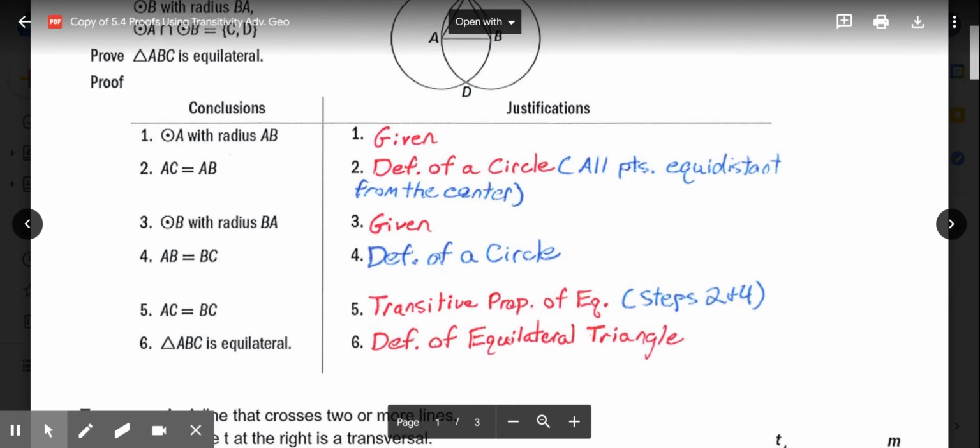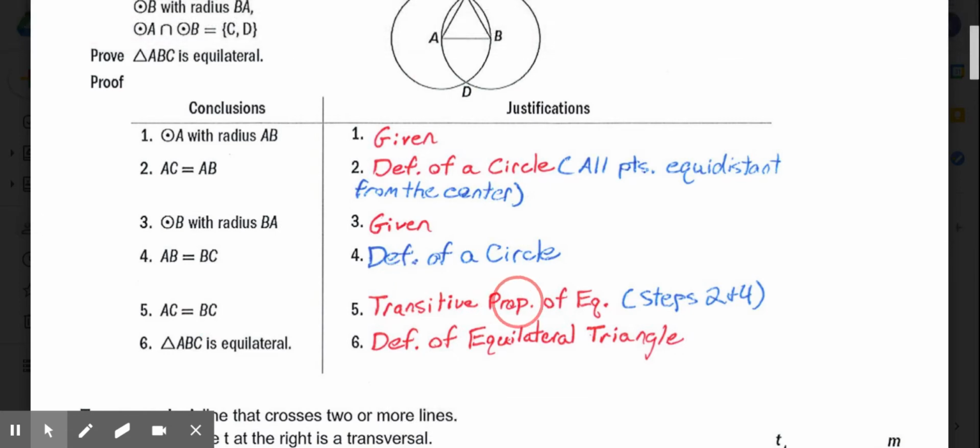Then in step 5, we're going to be using the idea of transitivity or the transitive property. If we look back at steps 2 and 4, we can see where they got this conclusion for 5 from. In 2, AC equal to AB. And in 4, AB equals BC. So if both AC and BC equal AB, then AC equals BC by the transitive property of equivalence.